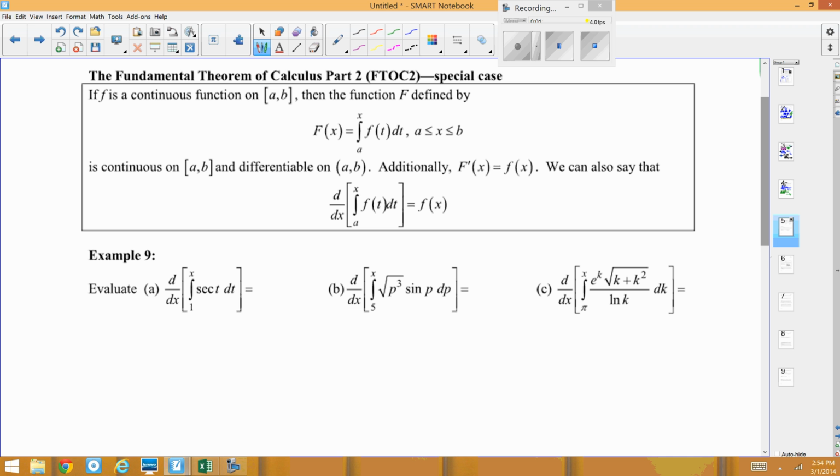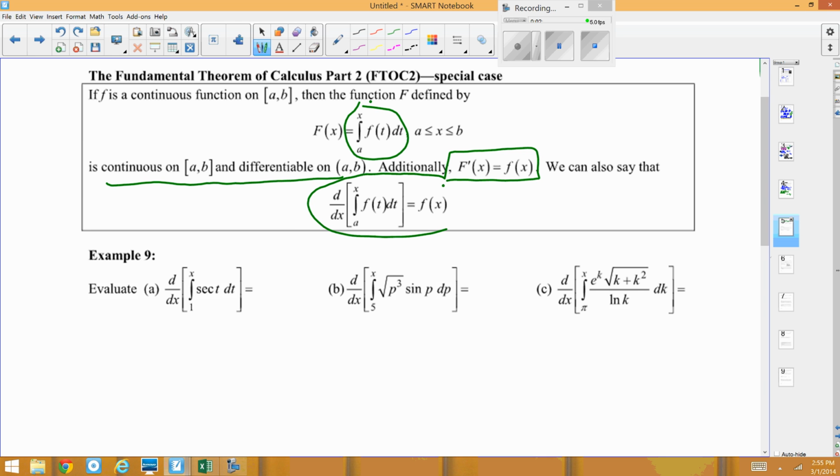So if f is a continuous function on a closed interval, then big F is defined by the integral of this, and if that is continuous and differentiable, this is just saying that the derivative of this equals f of x. We can also say this. This is our big deal. Looks really scary, but watch, in practice it's pretty simple.